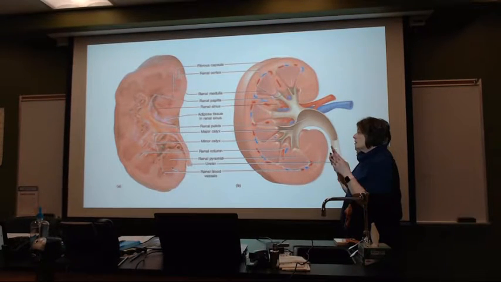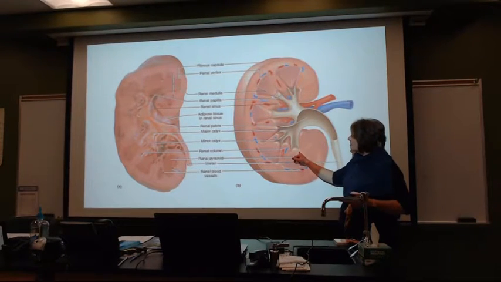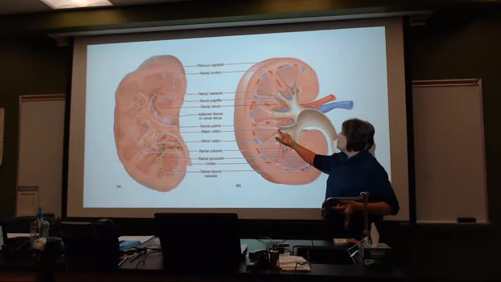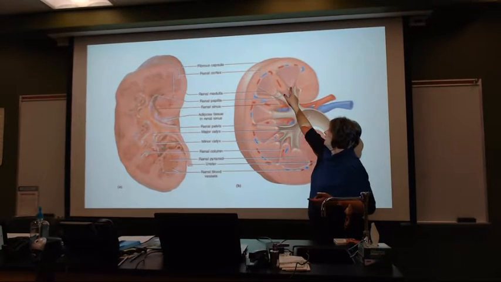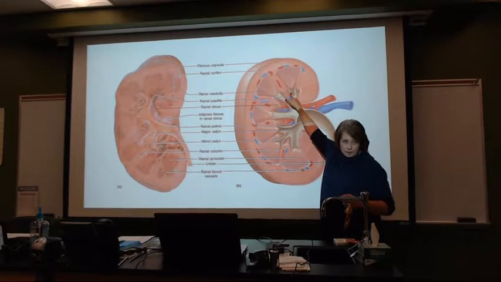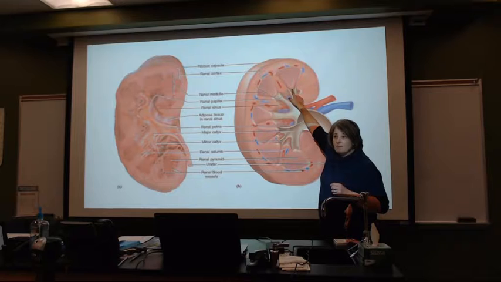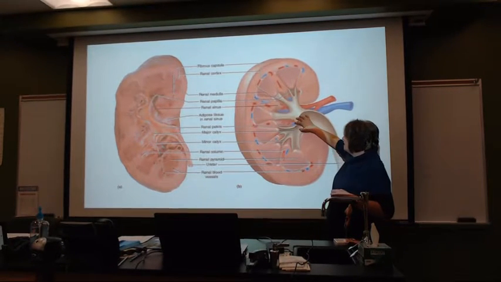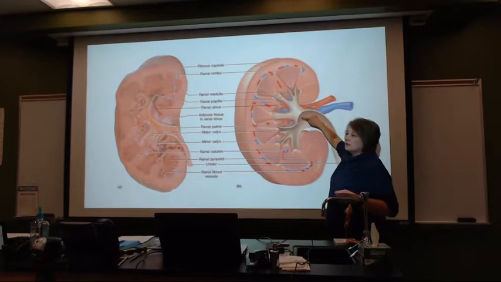So, we can see that we have lots of minor calyces. Do you see how each of the renal pyramids has a minor calyx? And they come into the major.